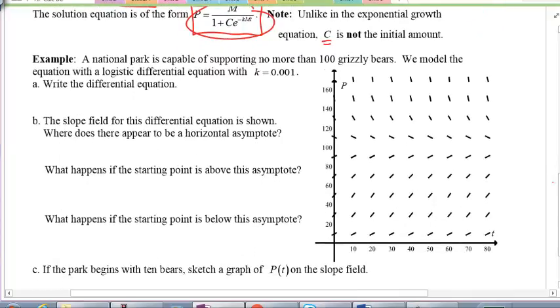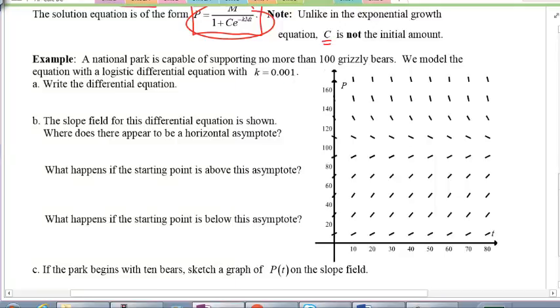There's a national park, and it's capable of supporting no more than 100 grizzly bears, because 101, well, that's just too many, and they'll start to fight, and they'll kill each other, and then they'll be back to 100. So we model the equation with a logistic differential equation. The k value in this case is 0.001.